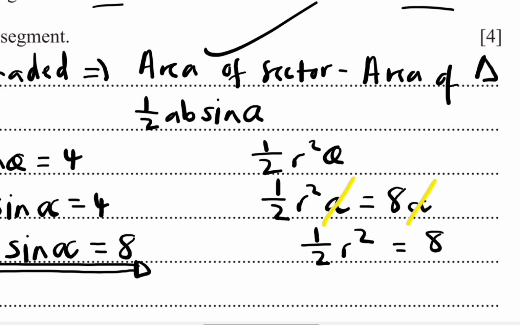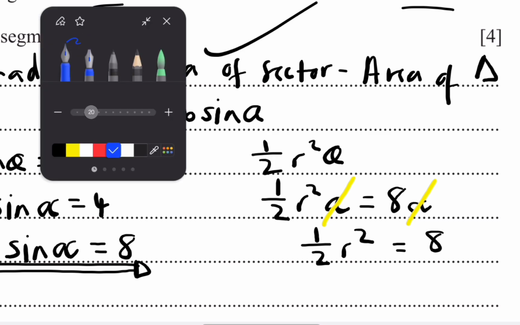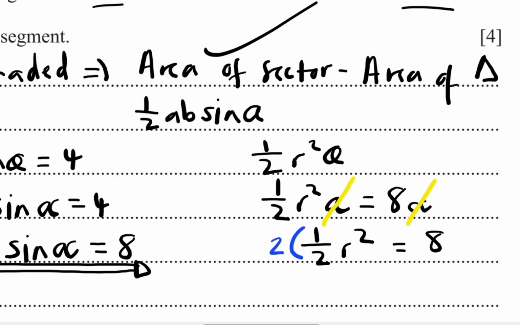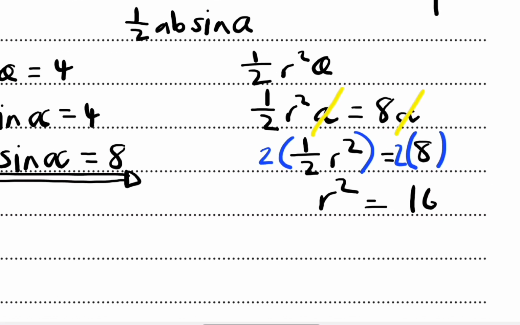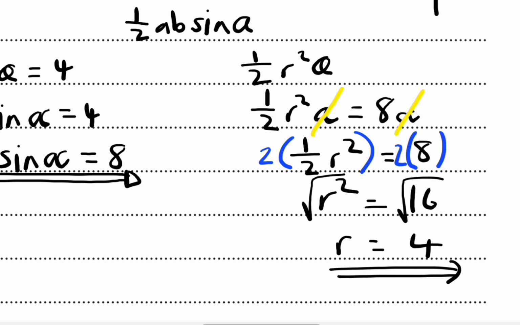And multiplying by 2 both sides, we get r squared equals 16, right? And to get r, we're going to square root both sides, so r equals 4, because it can't be negative, so r equals 4, right?